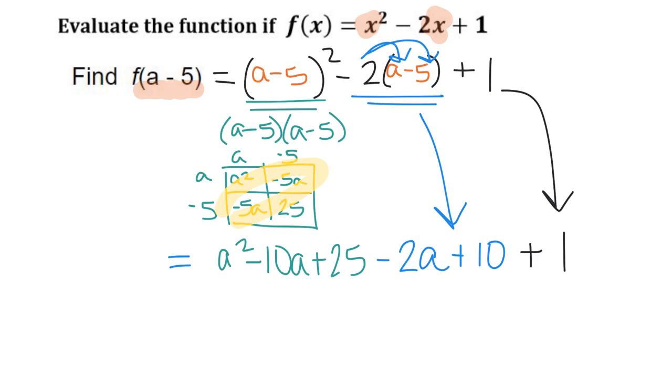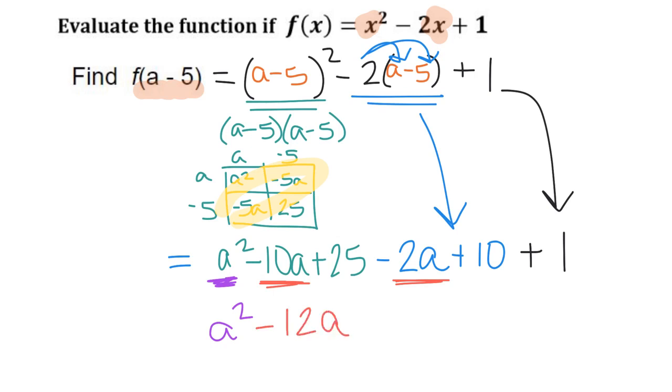So I'm going to first start with my squared terms, and I only have the a squared. So I'm going to include that a squared as part of my answer, and then I'm going to move on to the a terms and see if I can find all of those like terms here. So there are negative 10a and negative 2a, and I think that's it, so negative 12a.